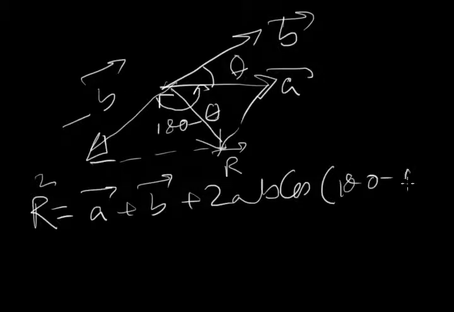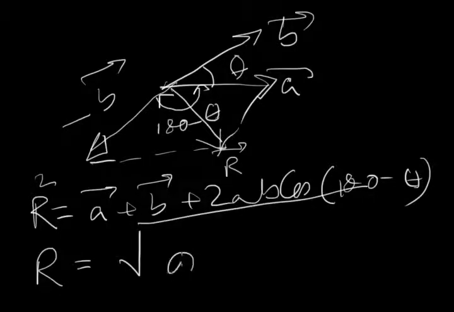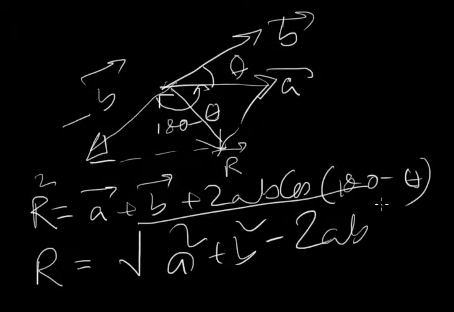As you all know, cos of 180 minus theta comes to minus cos theta. So it is a square plus b square minus 2ab cos theta.